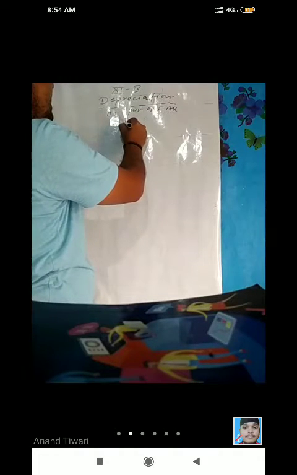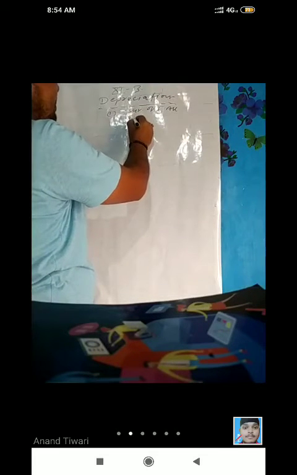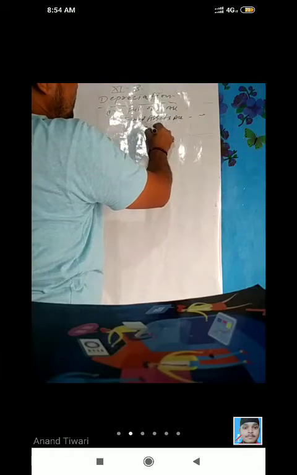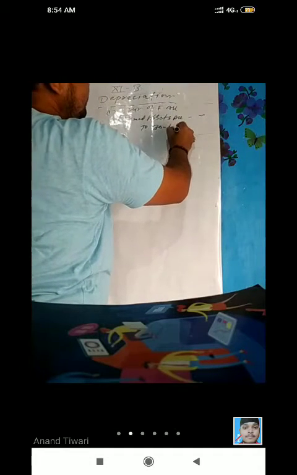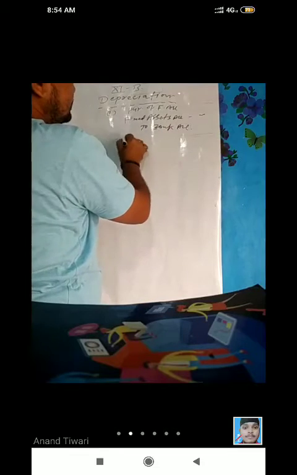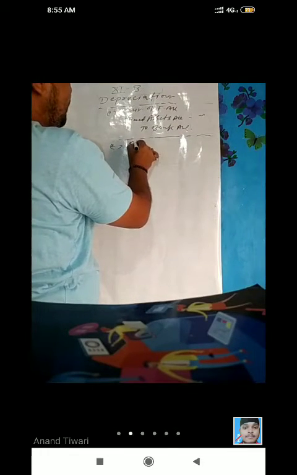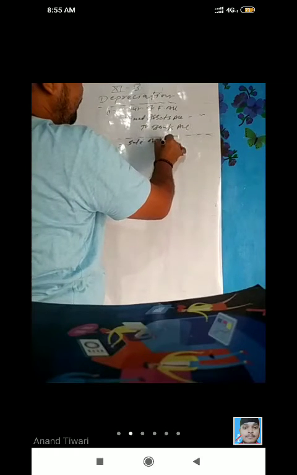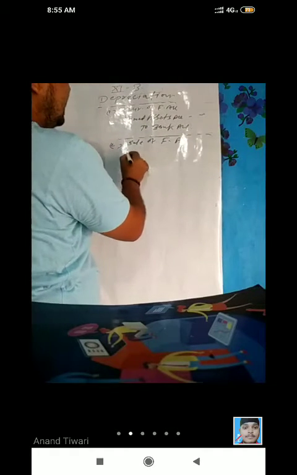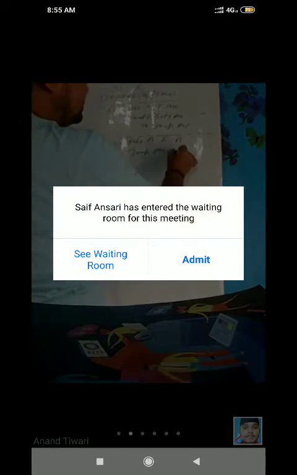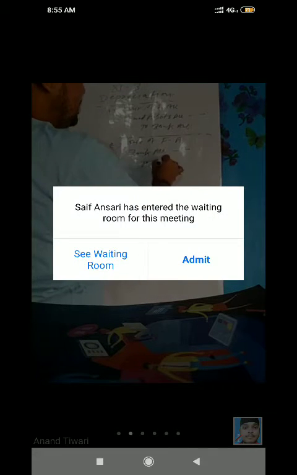The entry will be fixed assets account debit to bank account. Second, for sale of fixed assets, the entry will be bank account debit to fixed assets account.